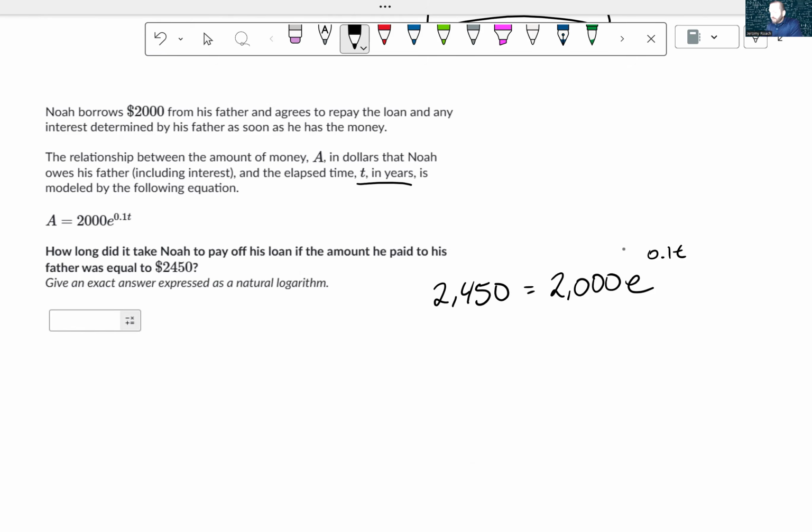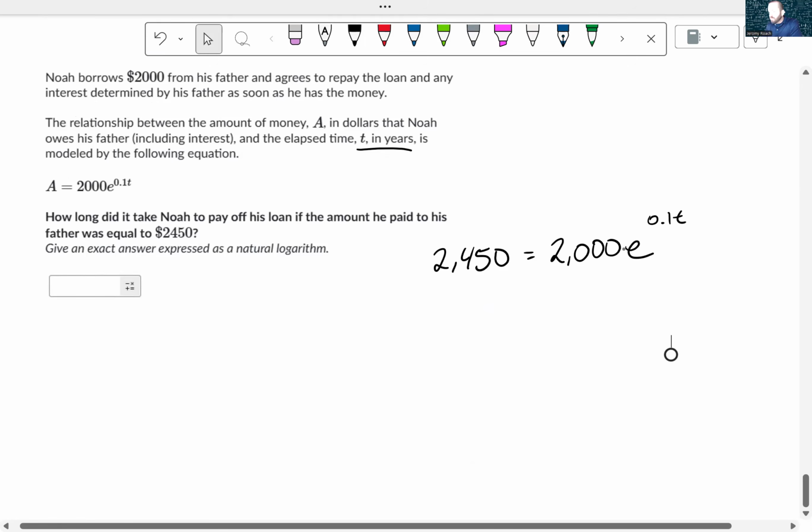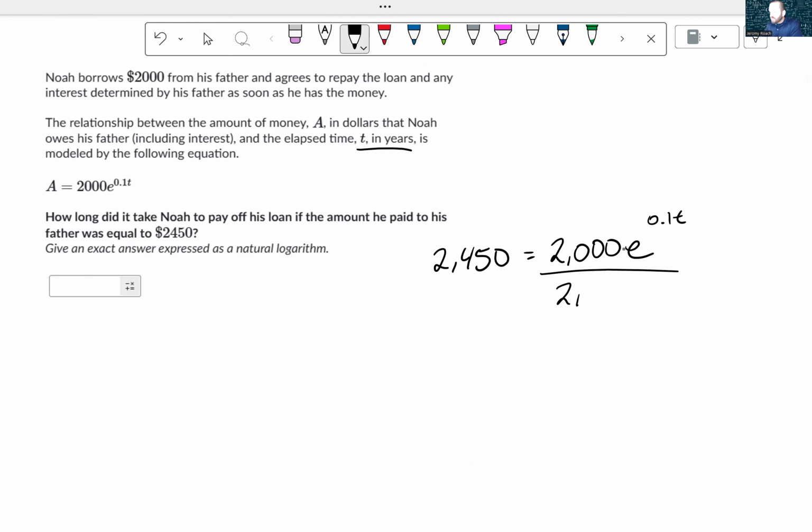Now, the first thing that I like to do, again, is try the very best that I can to isolate the t variable, or the variable we're trying to solve for, in this case, t, using just standard algebraic methods, not using logs, just trying to move everything to one side as much as possible. So the easiest thing to do would be divide by 2,000. So now we're going to simplify. 2,450 divided by 2,000 is 1.225. And that's equal to e to the 0.1t.